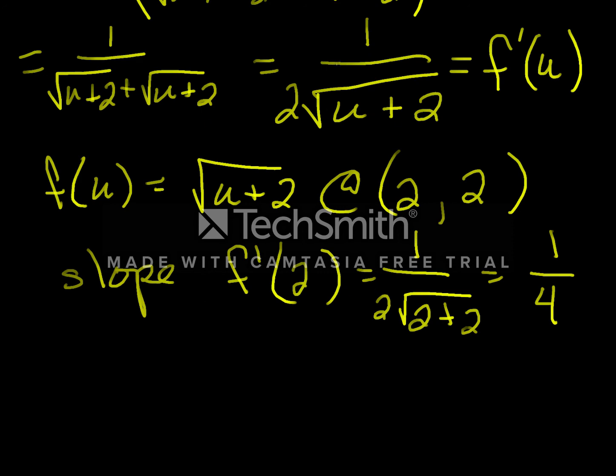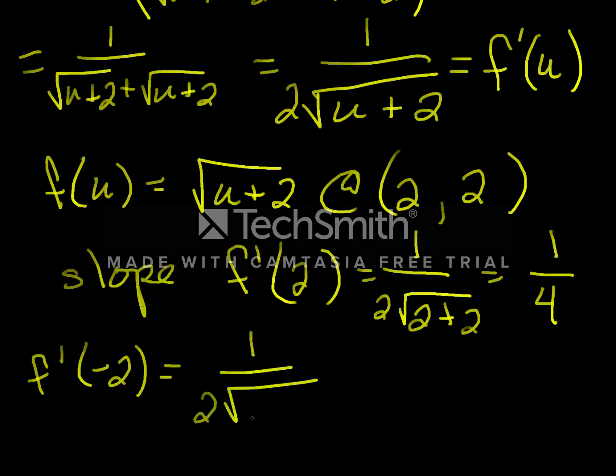There is one place to note: at -2, we have no slope. Because if we put it in, f prime of -2 would be 1 over 2 times the square root of -2 plus 2, which is 1 over 2 times 0, which is undefined.